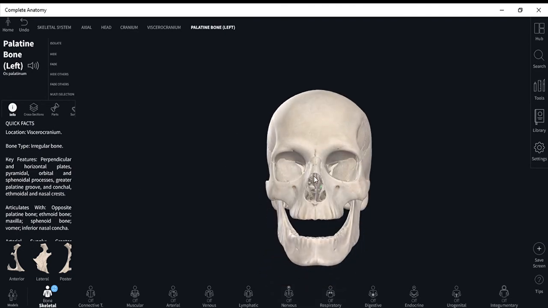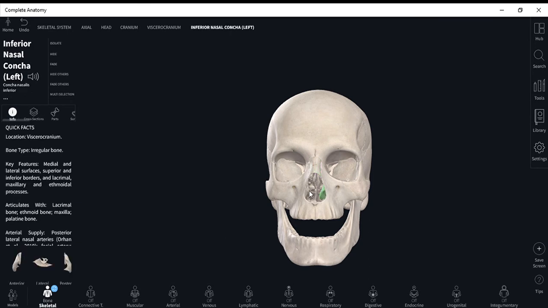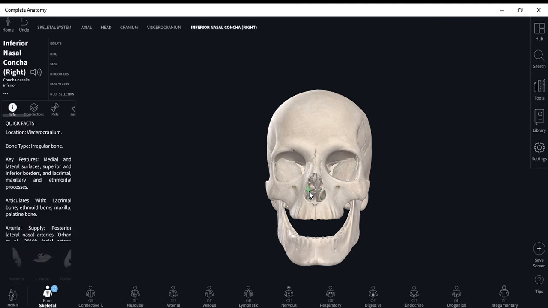There are 2 nasal bones right here as well, one on the right and one on the left. There are also paired bones here, the inferior nasal concha, singular, conchae plural, left and right side.